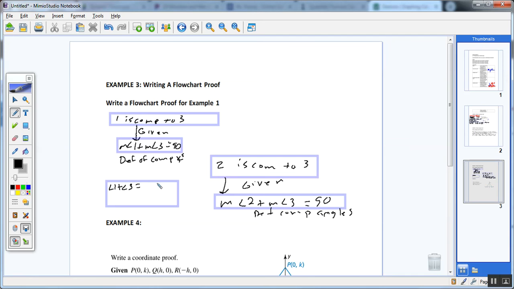Equals the other side, angle 2 plus angle 3. So I took this part and went from here to here, but I also went from this box to here. We basically combined these boxes by what? Substitution, right?